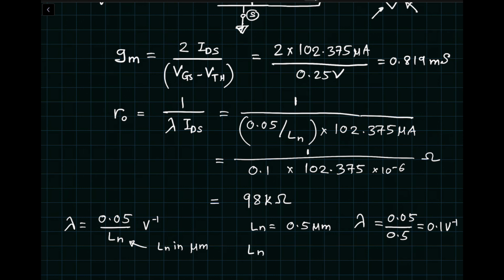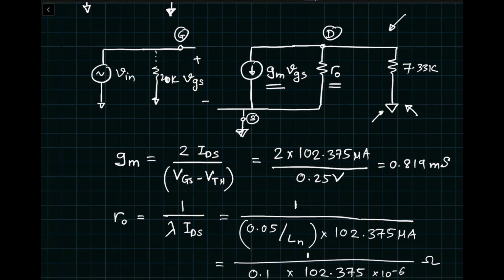If we chose Ln of 2 microns, then lambda will be equal to 0.05 divided by 2, and that would be equal to 0.025 volts to the power minus 1.